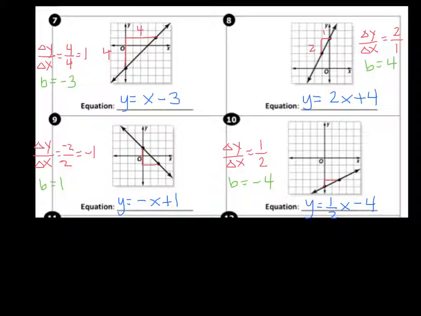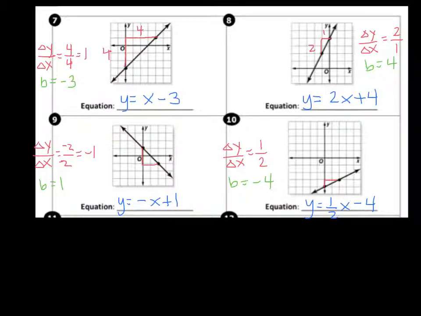And on number 9, I went down 2 and to the right 2, so negative 2 over 2 reduces to negative 1. So notice that when I wrote my equation, I didn't write 1x. I just put x, and then I used my y-intercept, the minus 3, because that's where it's intersecting y. And then over here, when my slope was negative 1, I had negative x, and then my y-intercept was positive 1, so plus 1.